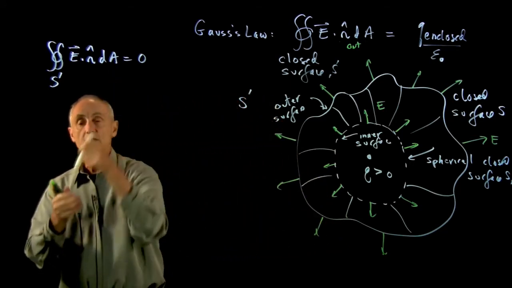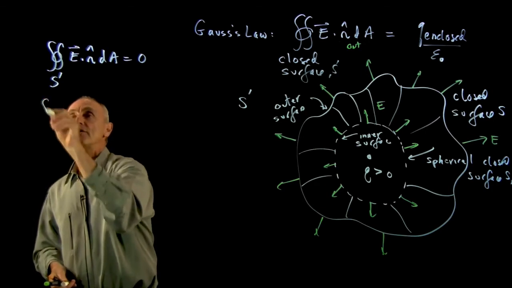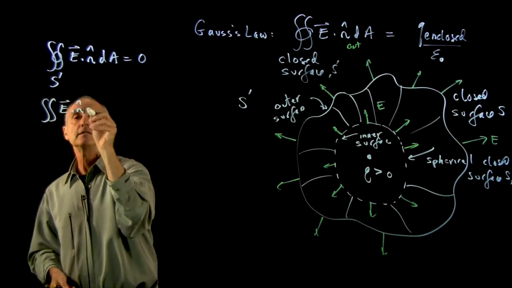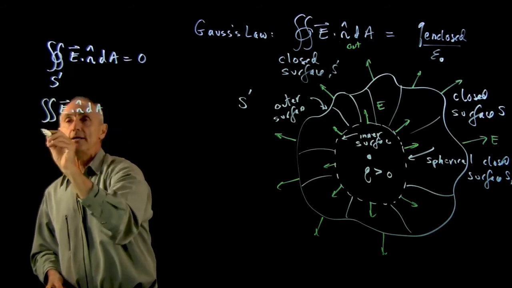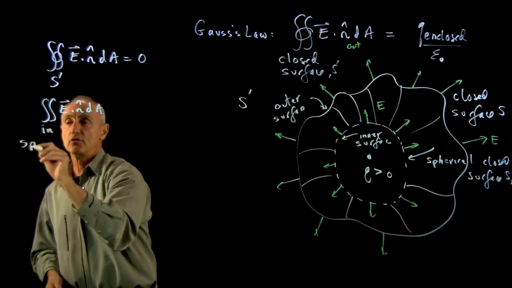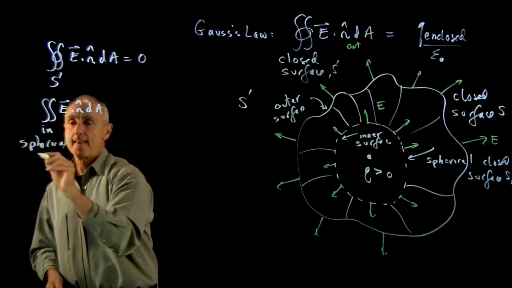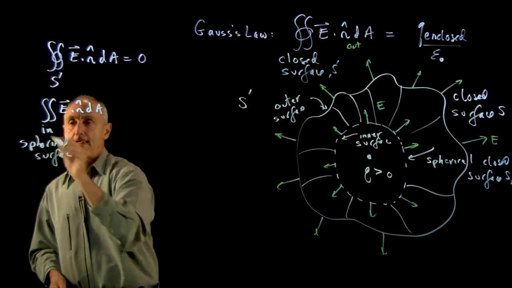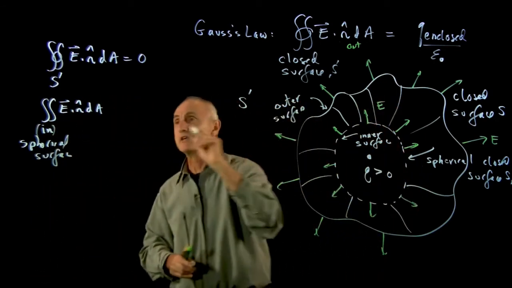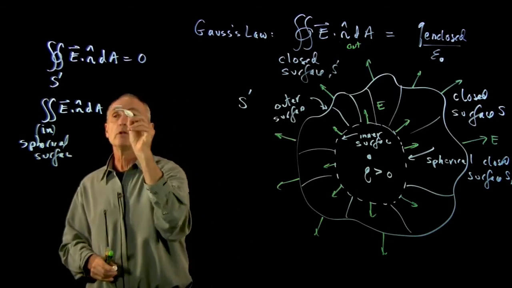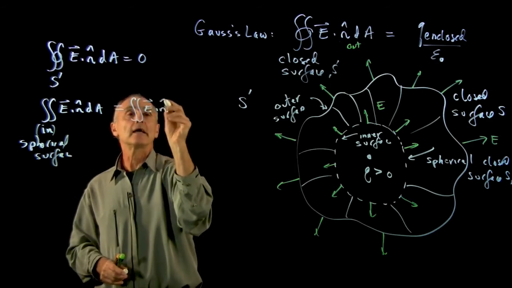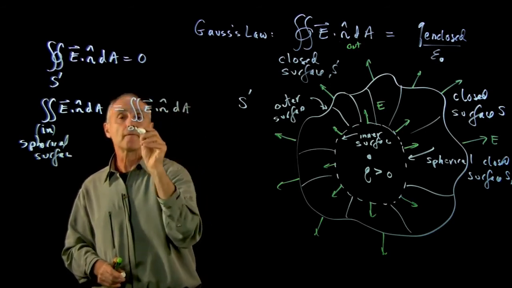So we can restate this statement as the flux E dot n hat dA, and I'm just going to write in. Now, the in is the spherical surface. So again, that's the flux that's going into our closed surface S prime is equal to the flux E dot n hat dA out.